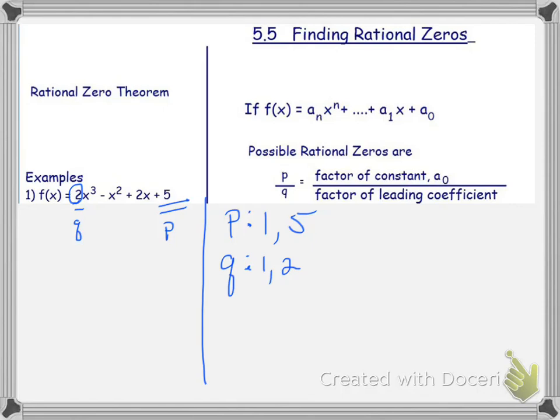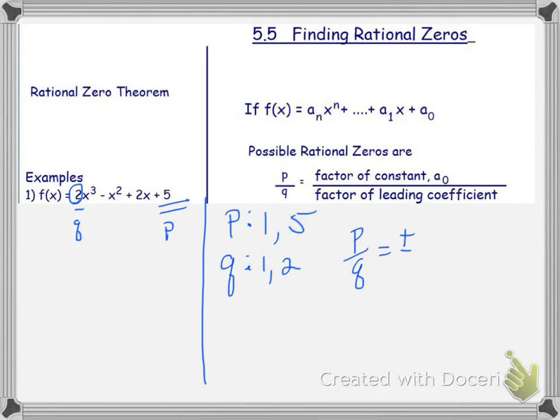So then when I'm finding the list of possible rational zeros, I need to find any combination of p over q. Now when you're listing these, you're going to have to use a plus or minus on every term, okay? Because either of them could be positive or they could be negative. So what I like to do is first go through and do all of the p's over the first q.